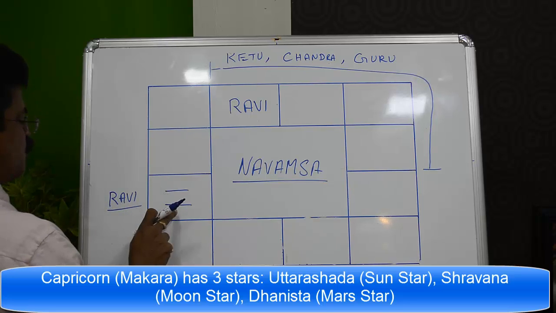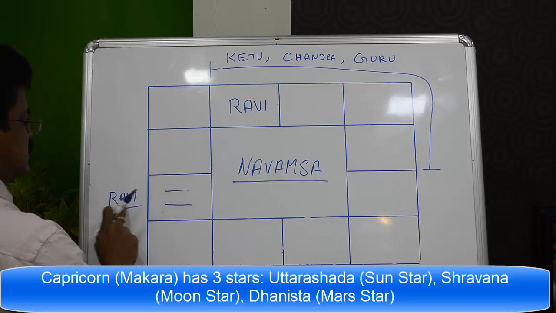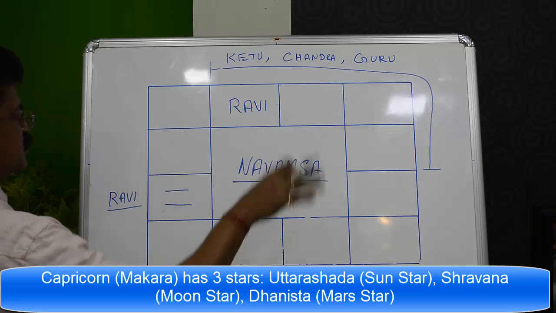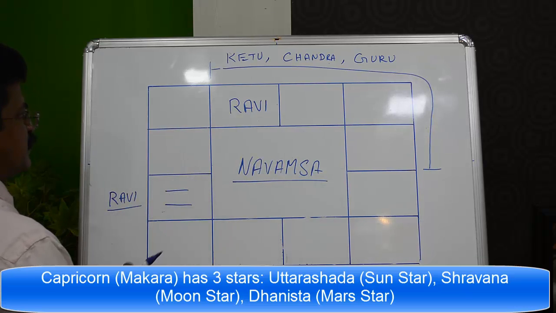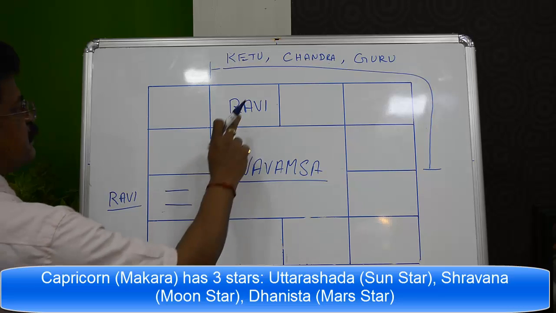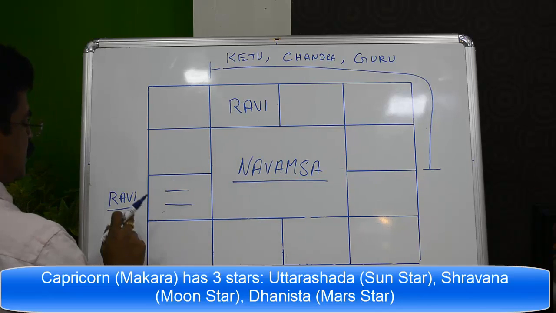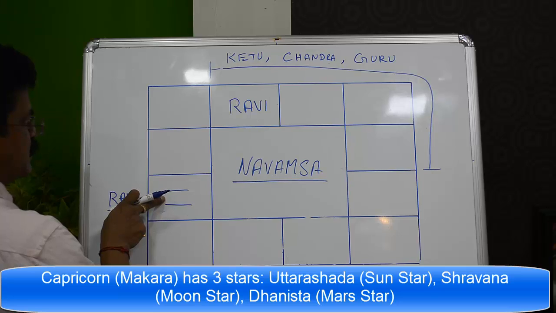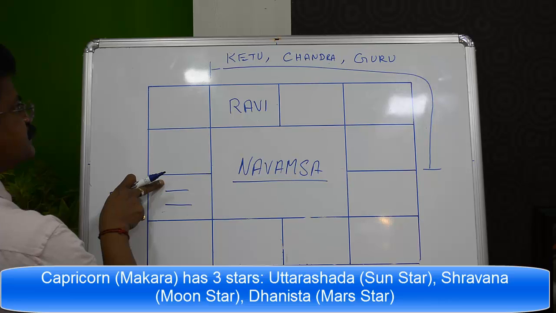So the names of the stars are Uttarashada, Shravana and Dhanishta. So you don't know where exactly the sun is in my horoscope. But if I write the degree along with the planet, then you don't have to do this at all. But suppose it is not written, even then you can find out where it is by using the Navamsa chart. Now, if the sun is here, it can only be in Uttarashada, which is a sun star, Shravana, a moon star, and Dhanishta, a Mars star.